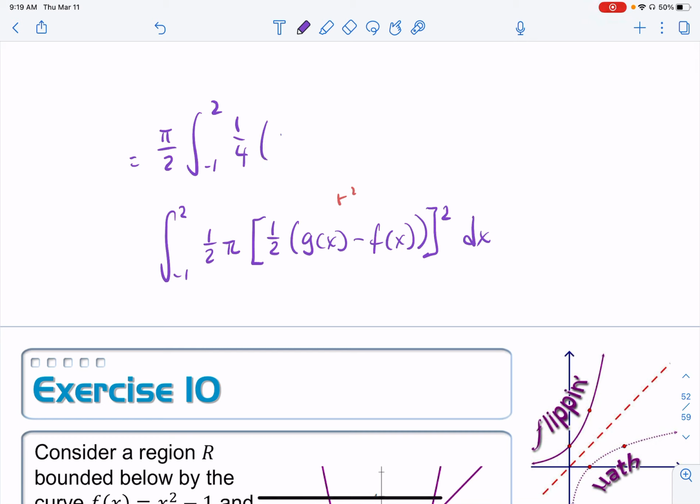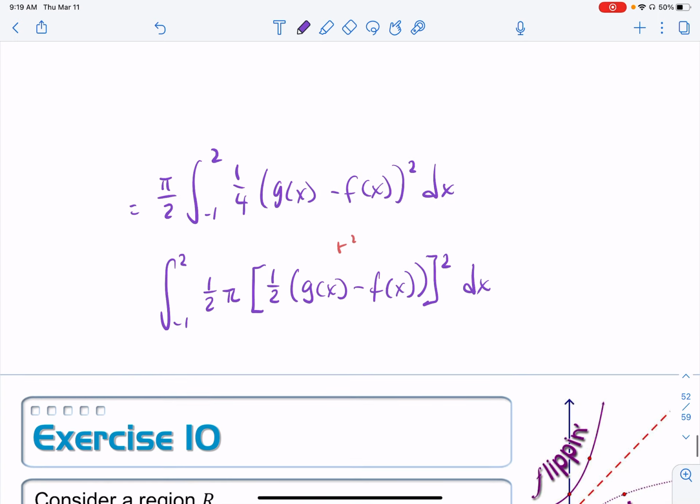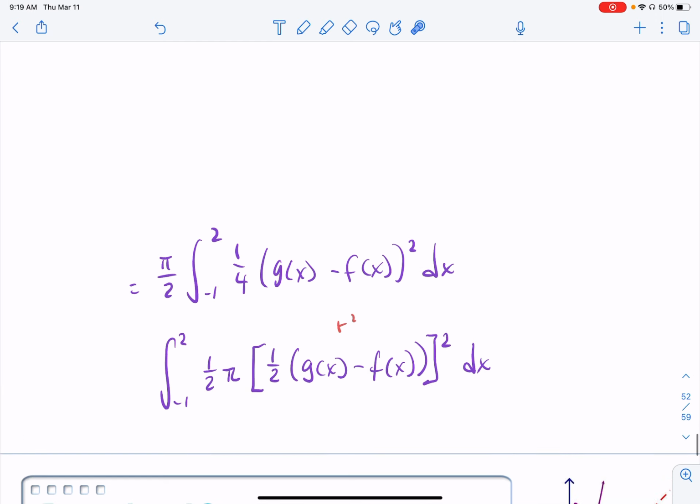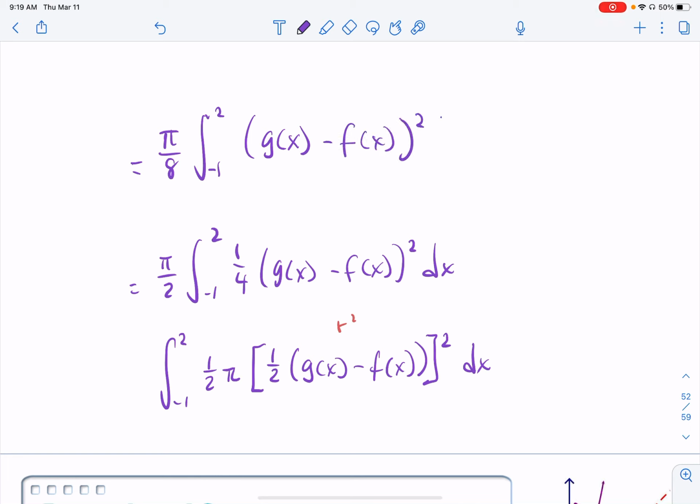And then I'm going to have my g of x minus my f of x, squared. And then maybe one more simplification: I'll take this 1/4 out to meet that pi over 2. So we have a final answer of pi over 8 times the definite integral from -1 to 2 of g of x minus f of x, squared.